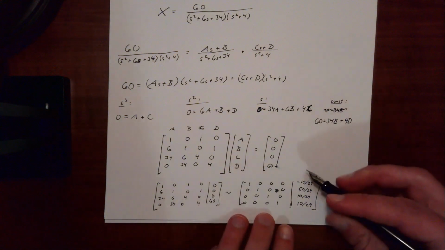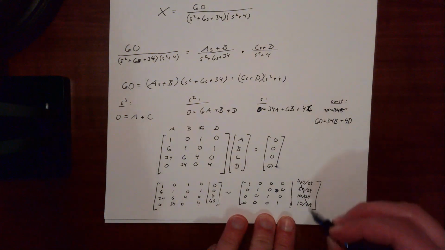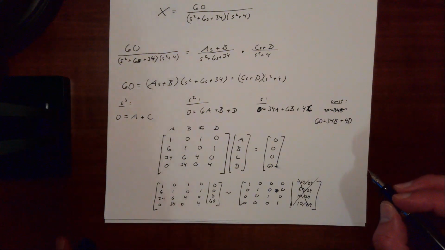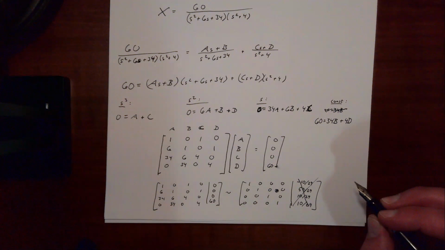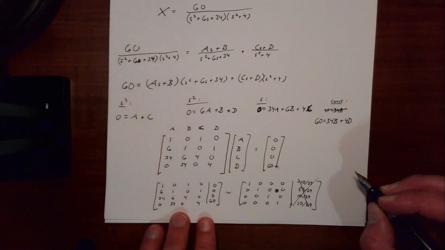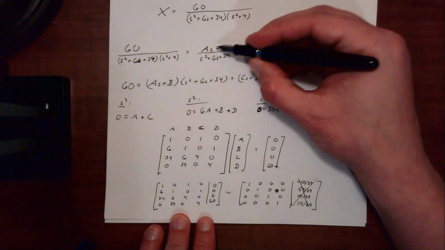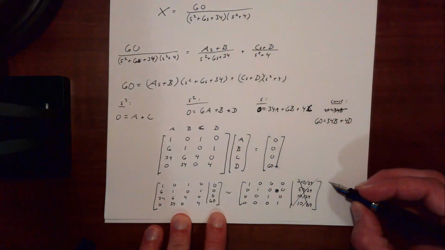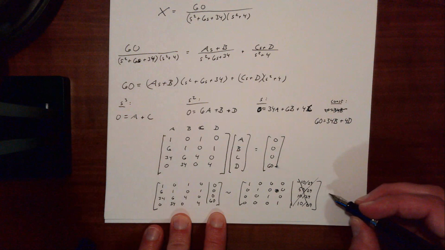All right, I've just realized something. These numbers came from me entering something slightly different from this in the calculator. I originally set this up with As plus B over s squared plus 4. So these are not the correct coefficients or the correct solutions.